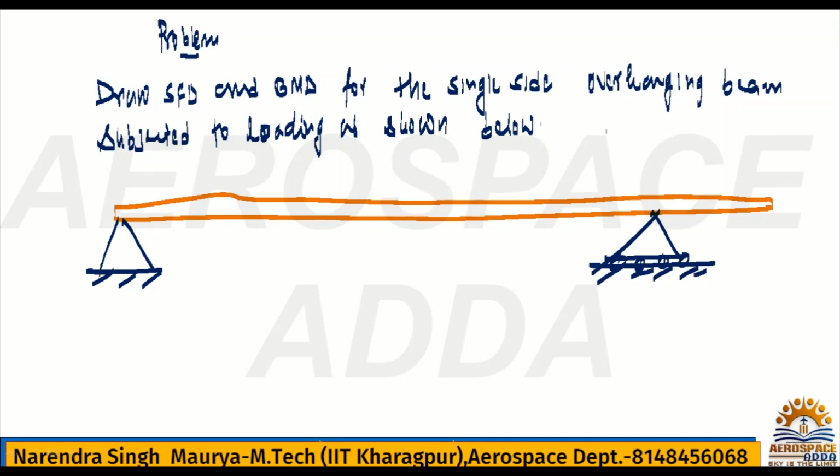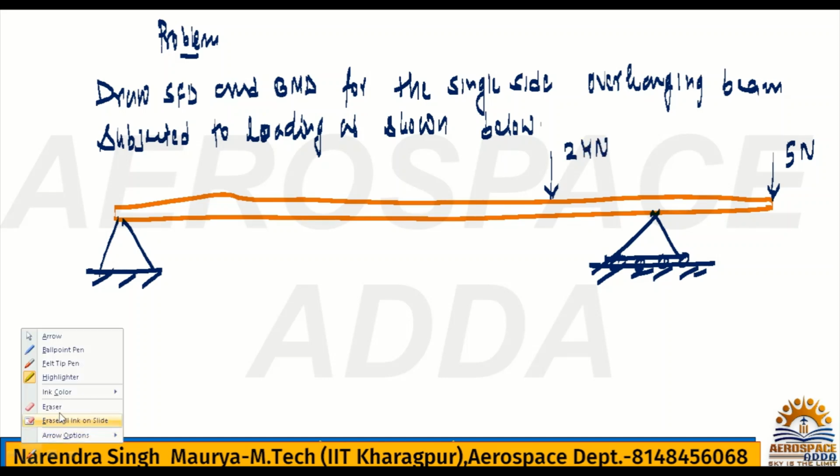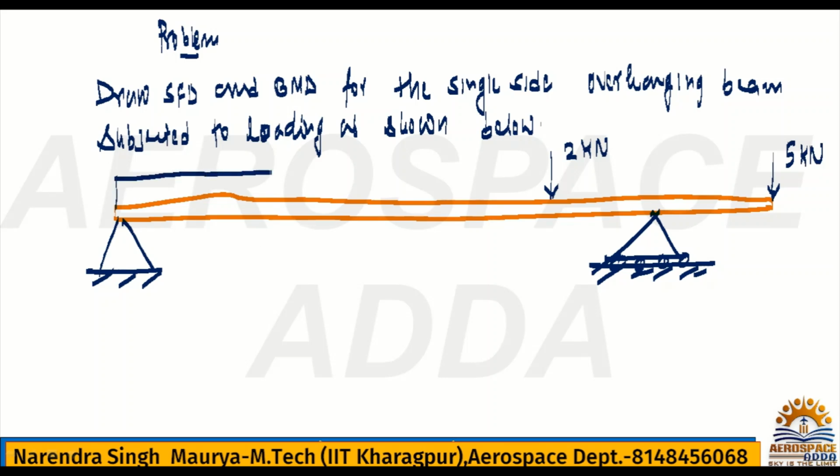This is the single side overhanging, so here it is overhanging. 5 kilonewton, then here it is 2 kilonewton. And from here to here, it is UDL only.